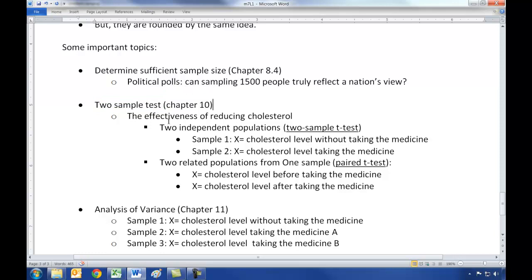For example, if we need to evaluate the effectiveness of a medicine at reducing cholesterol, one way we can evaluate such effectiveness is by assembling two samples. One sample consists of the cholesterol levels of people without taking this particular medicine in question.